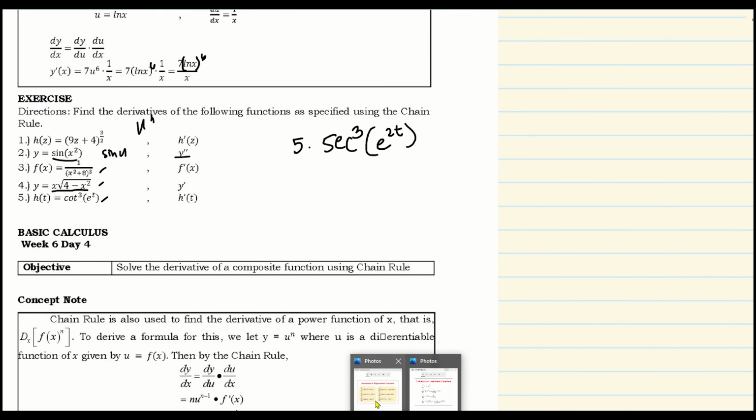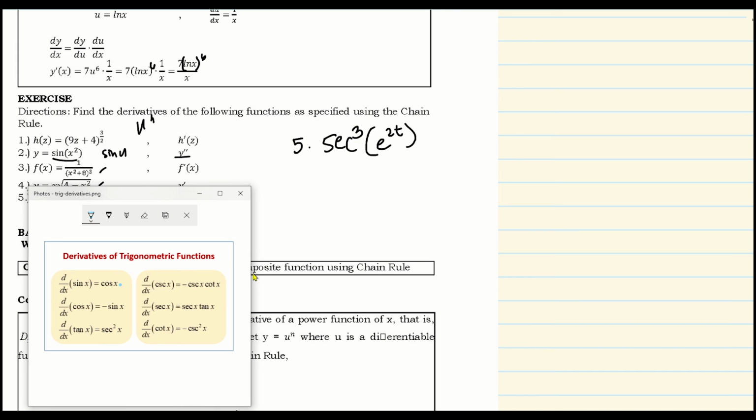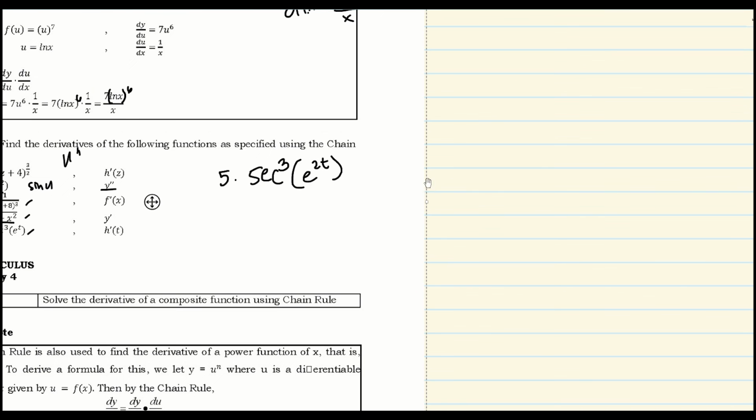When using cotangent, you will only have negative cosecant squared x. But in secant, you will have secant tan x. Okay, so good luck.